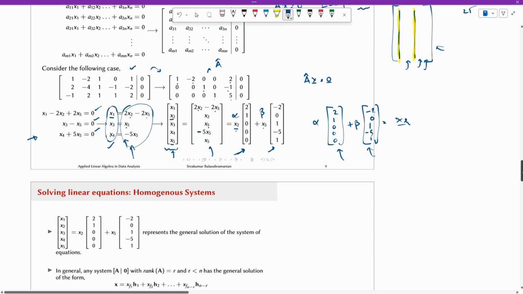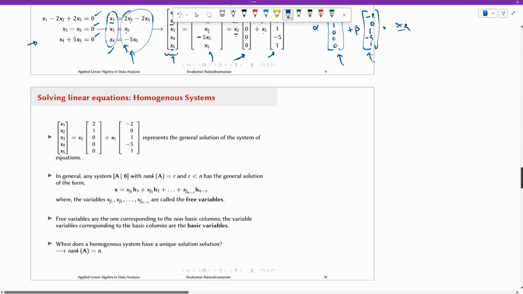Okay, so this is the general form of the solution for this particular system. So in general, if you have a matrix A, you can take this augmented matrix, do the reduced row echelon form, find the rank. Let's say the rank is R, which is less than n.